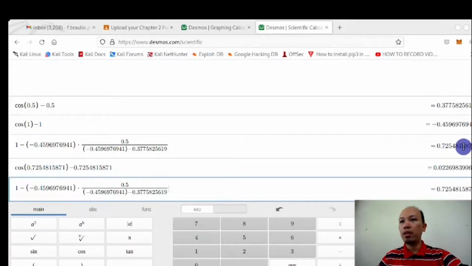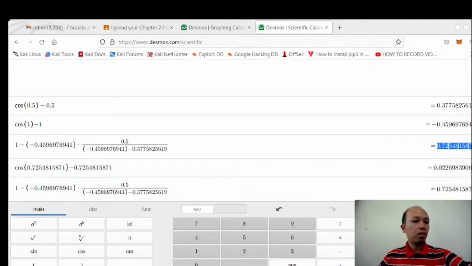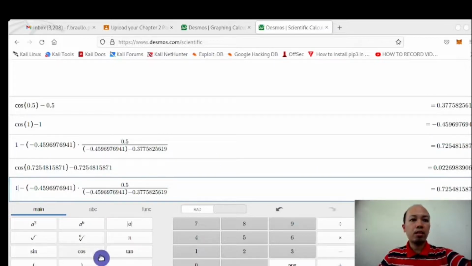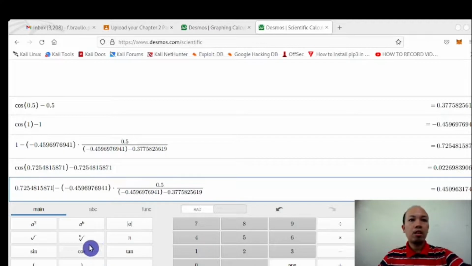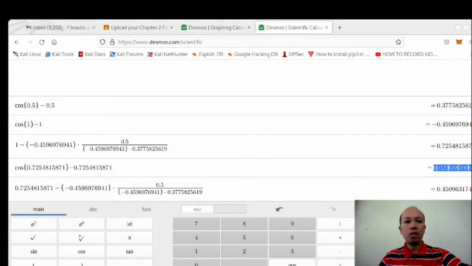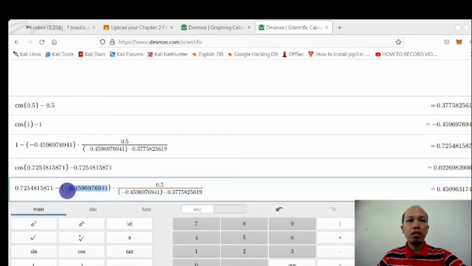It is this one here. Copy that and place it here, and then f of p sub 2 is 0.022. Copy this one and plug it in here.